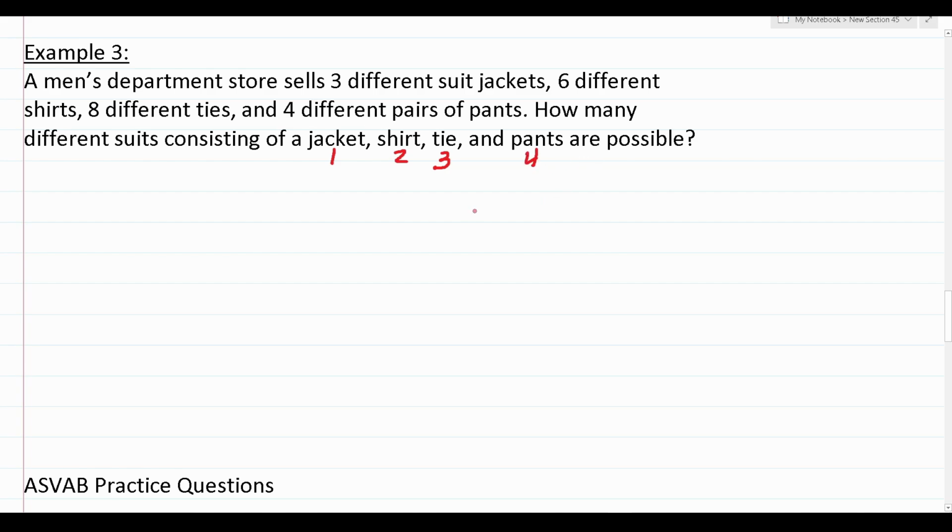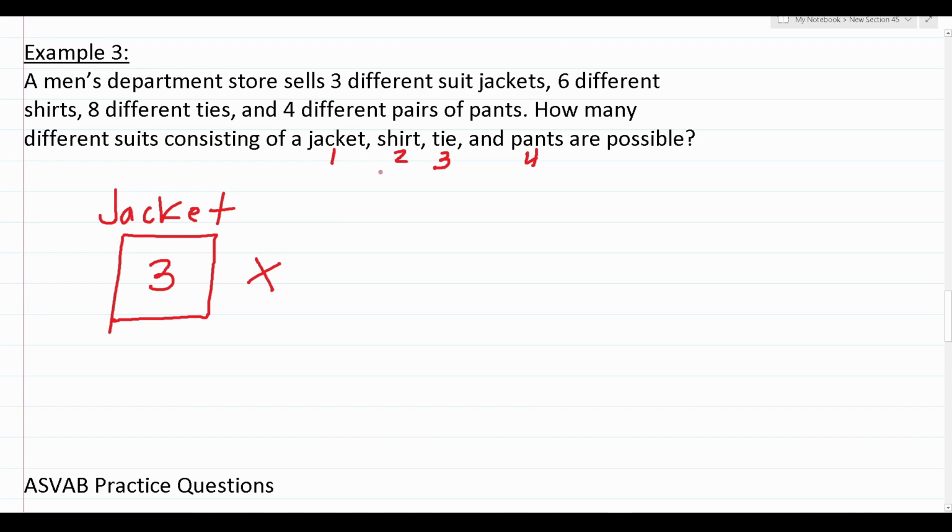So I'm going to make a little box diagram to help us work through this one. So again, event 1 was our jacket. And as far as jackets go, how many different options did we have? Well, according to the problem, we had 3 different suit jackets. So again, that's going to be 3 here.